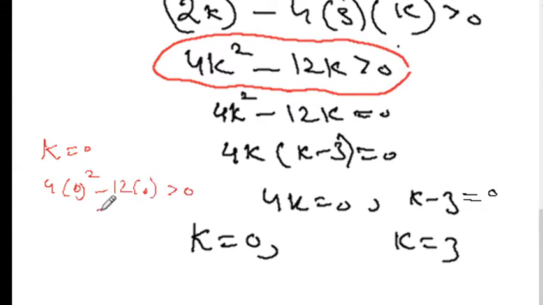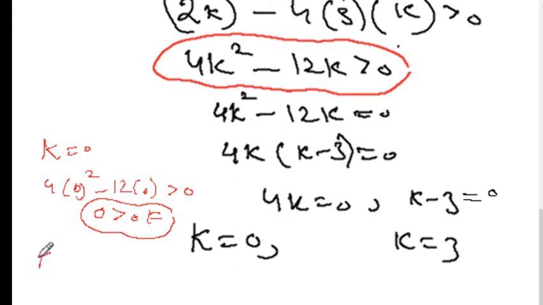The result should be greater than 0. So 0 is greater than 0. It's false. So it's not true. k0 is not the result. That's not a solution.